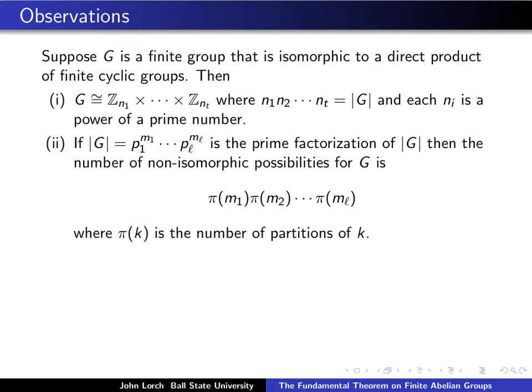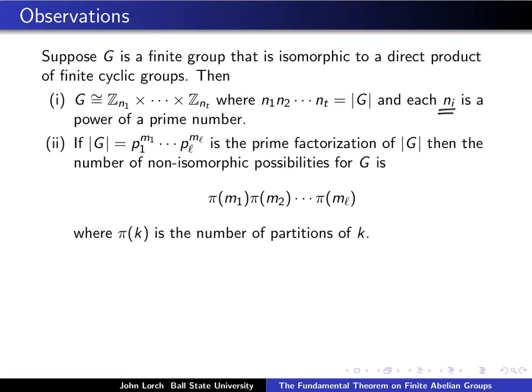And furthermore, the n's in question would need to multiply together to give the order of the group G. Further, to avoid duplication, as we saw in the previous slide, we would want each one of these orders of the finite cyclic groups to be some prime power.